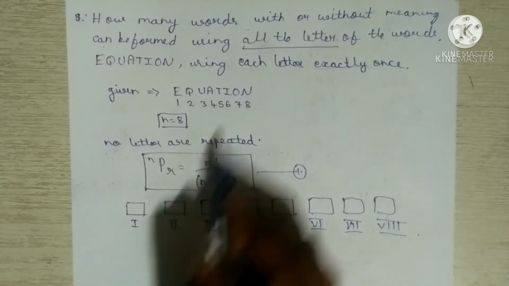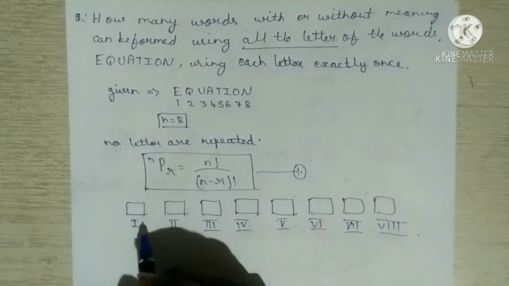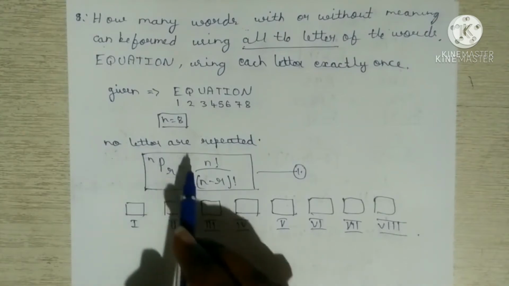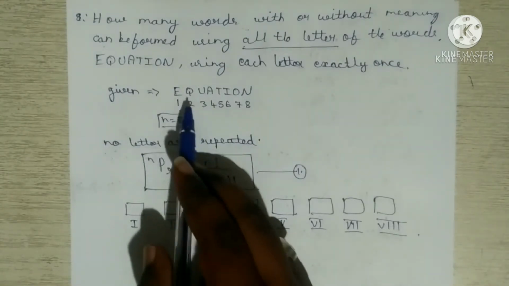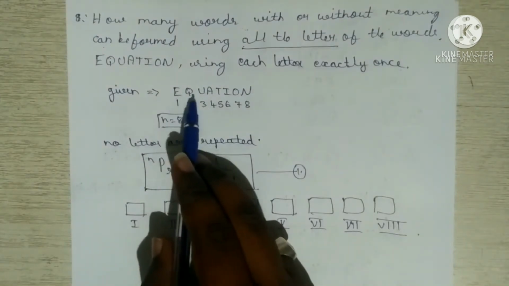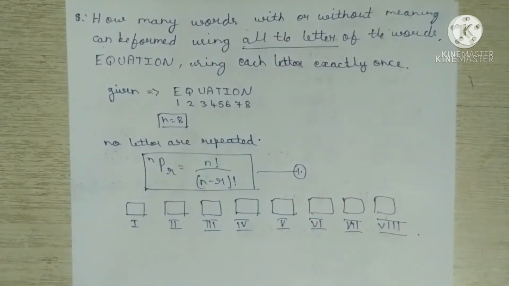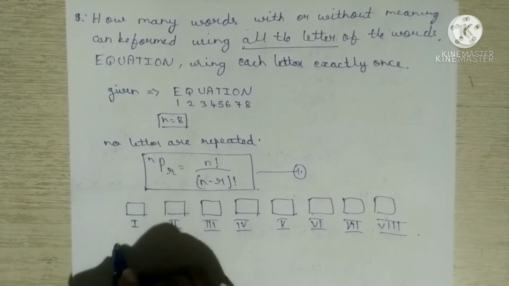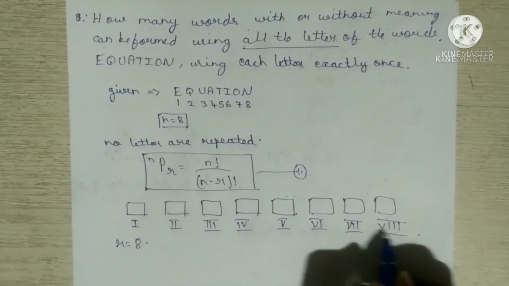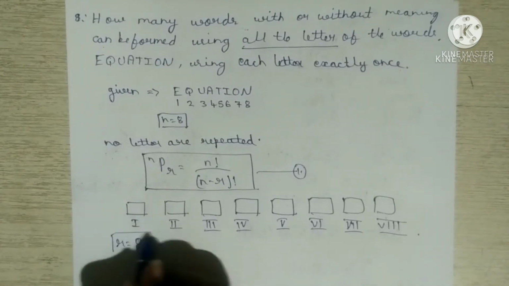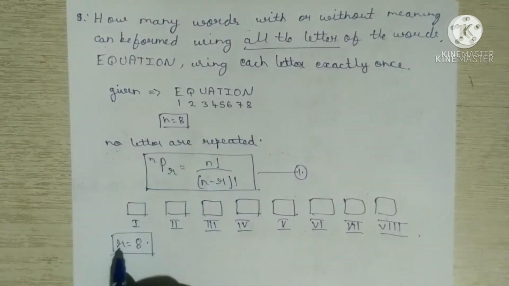All the letters can be used where no letters are repeated, with the given letters EQUATION, where r is equal to 8. Substitute n is equal to 8, r is equal to 8 in equation number 1.